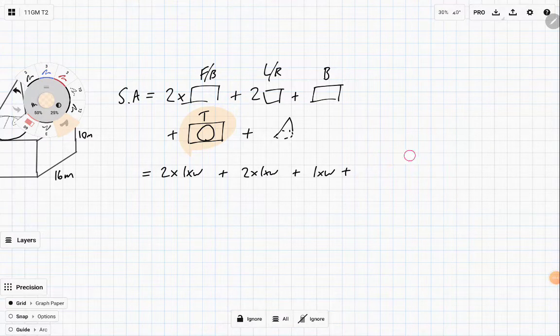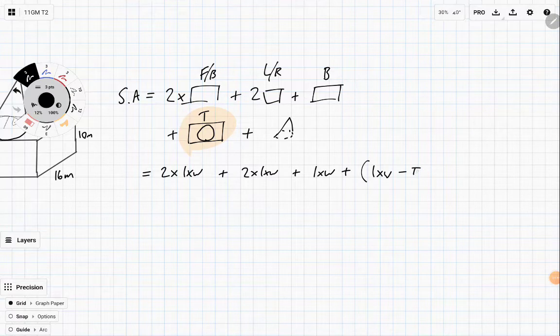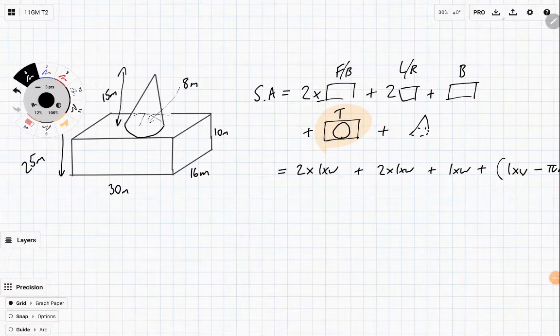Well, it's going to be length times width for the whole rectangle minus pi r squared for the circle itself. So that's going to be the formula there. And then for just the cone bit, that's pi r s from our cone surface area.